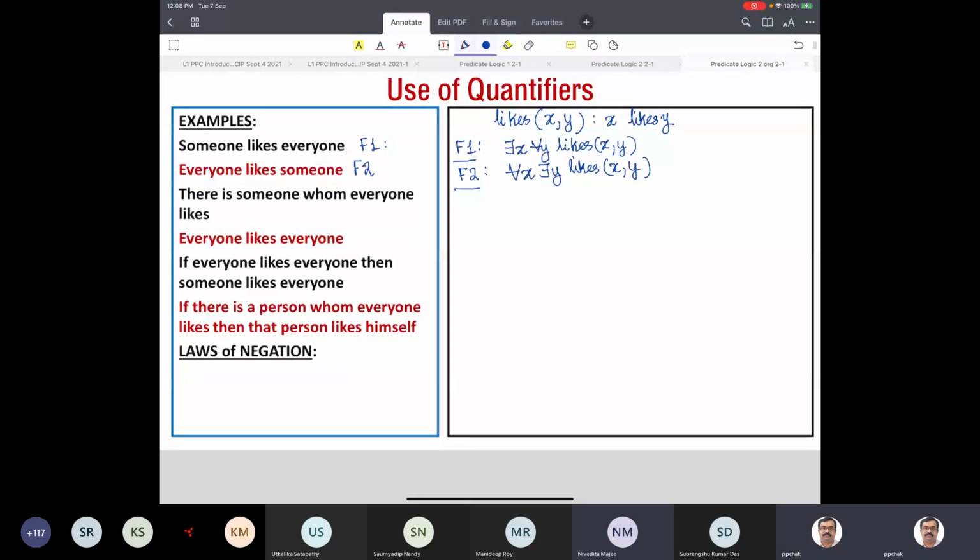Then tell me what is F3? There is someone whom everyone likes. Write it down and then tell me, don't think loudly.